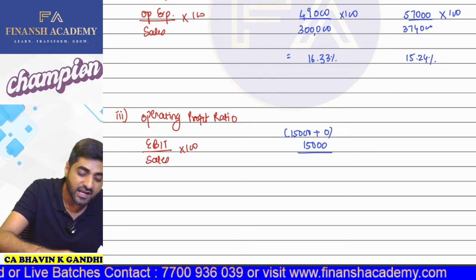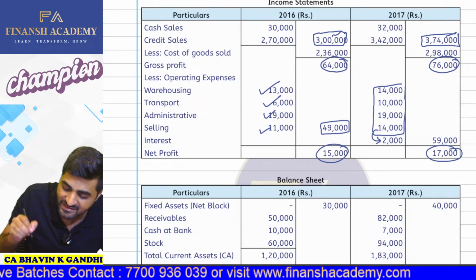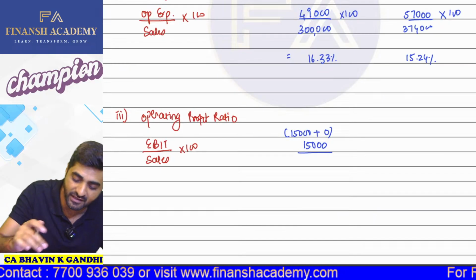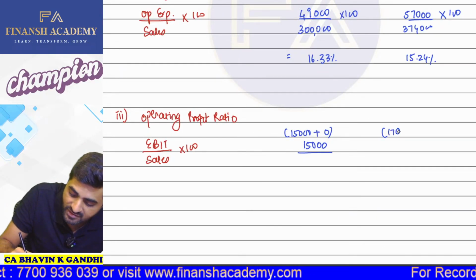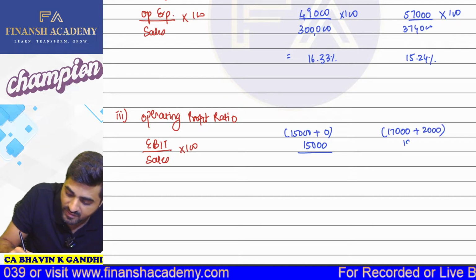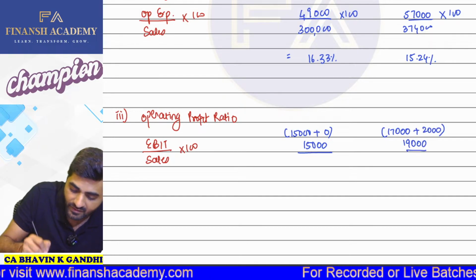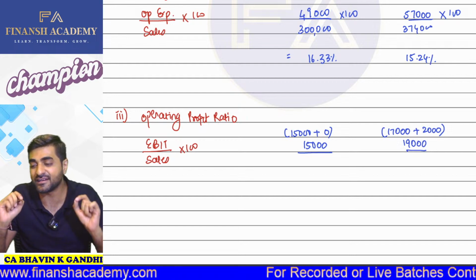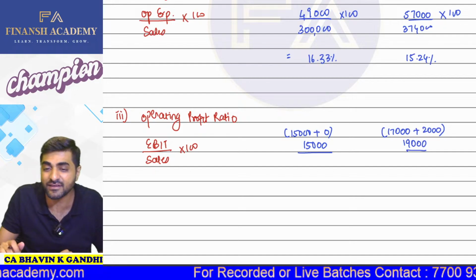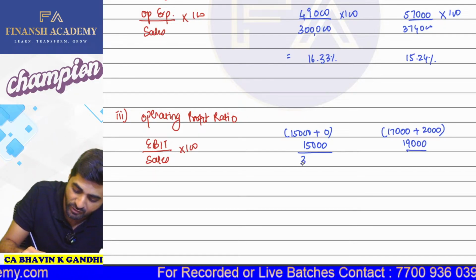But my dear students, whenever I'm talking about 2017, in 2017, I have my net profits of 17,000. So to this 17,000, I will add 2,000. So this will now be 19,000. And then I need to divide this by sales. Do I have the amount of the sales? Yes, sir. I have the amount of the sales, which is 3 lakhs and 3,74,000.